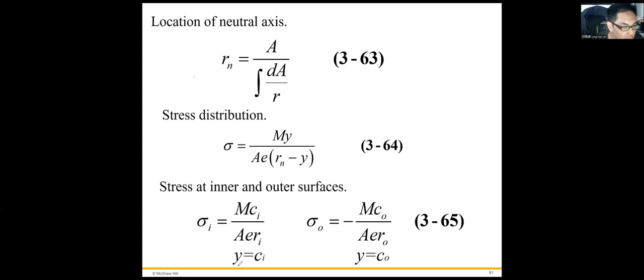So when y equals ci, what does that mean?